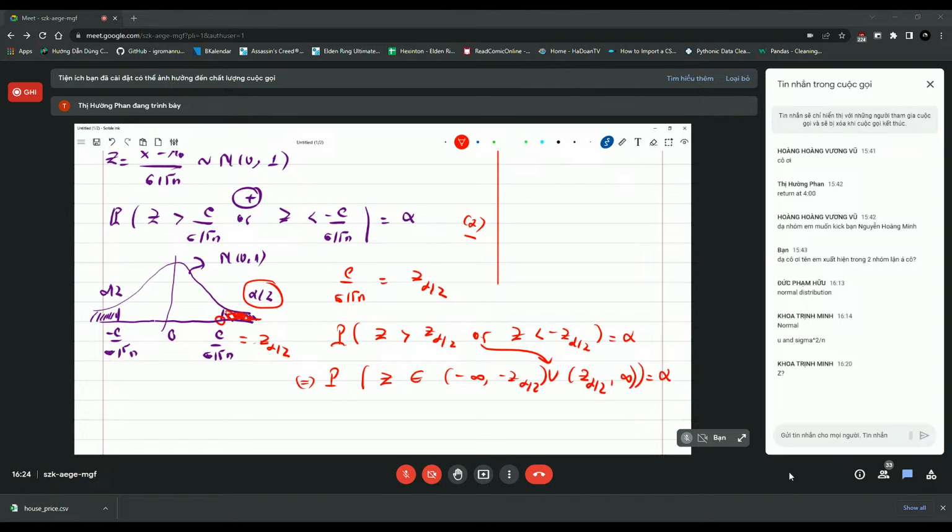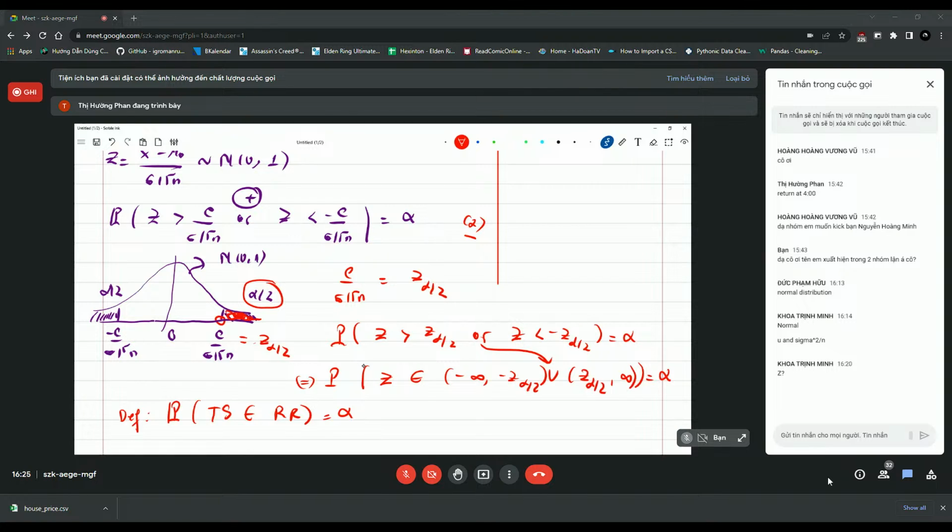I write it as the real interval because the rejected region is a real interval. Now let me remind you of the definition of the rejected regions. It says that the probability of the test statistic belonging to the rejected regions is equal to alpha.